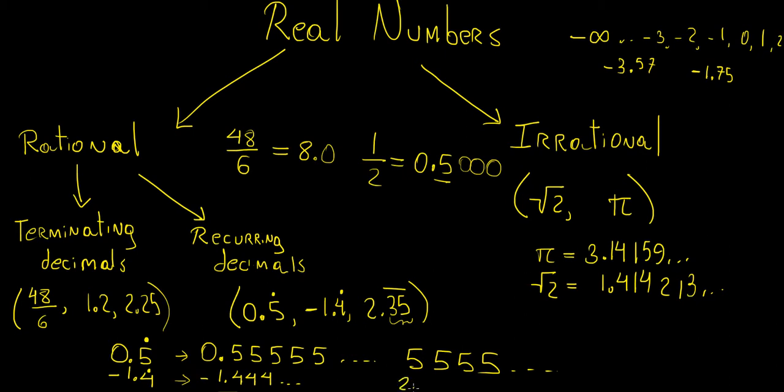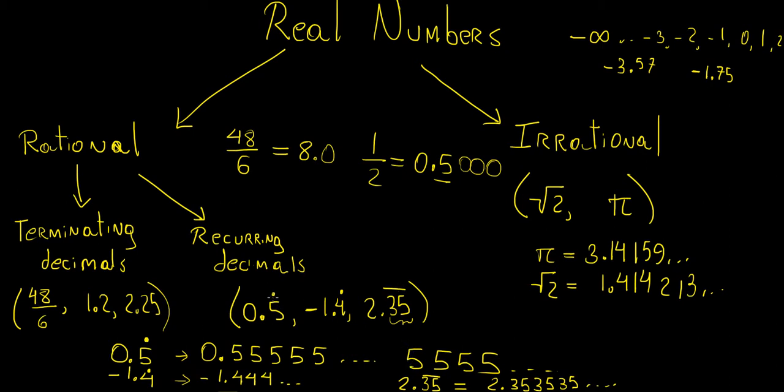If we wanted to write this down in a more explicit way, we would write it as 2.35, 35, 35, and then it just continues like that. So you can see that the same pattern of the 3 and the 5 is going to get repeated. And this is basically what that bar on top means.